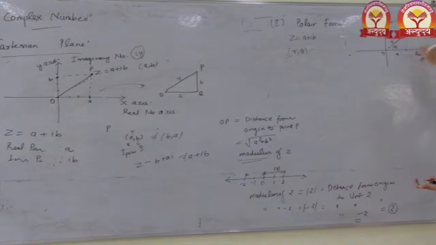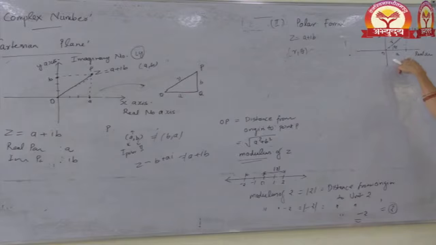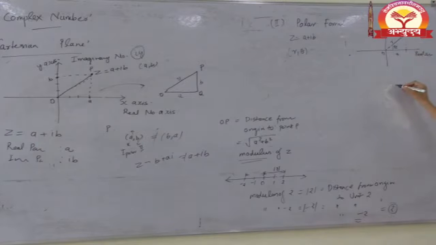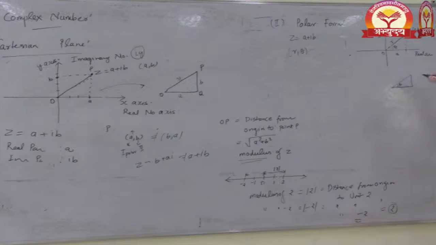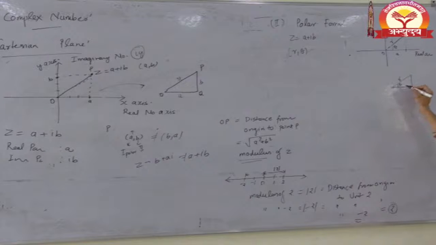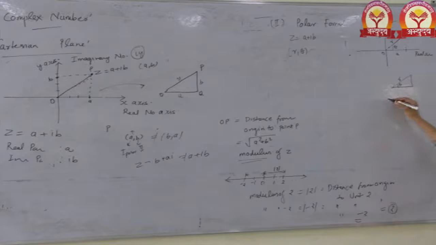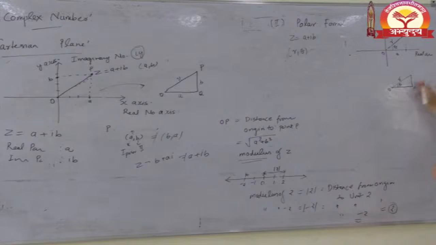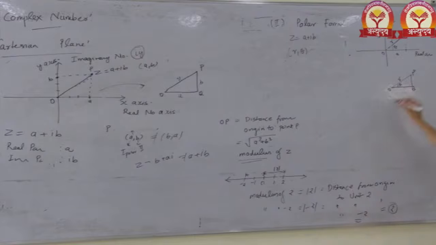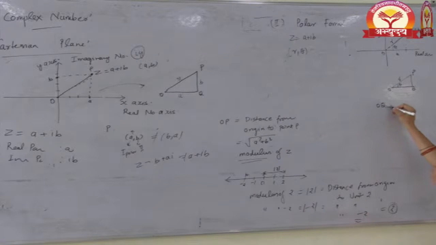हमने इसको join किया. This will become a right angle triangle here. ठीक है? And we have what here? This one is the base angle theta. This one is r. ठीक है? And suppose this is O, this one is Q and P. Then what is the value of OP here?